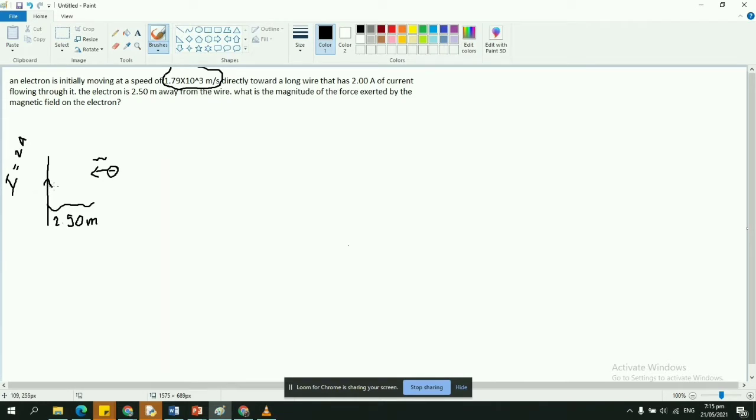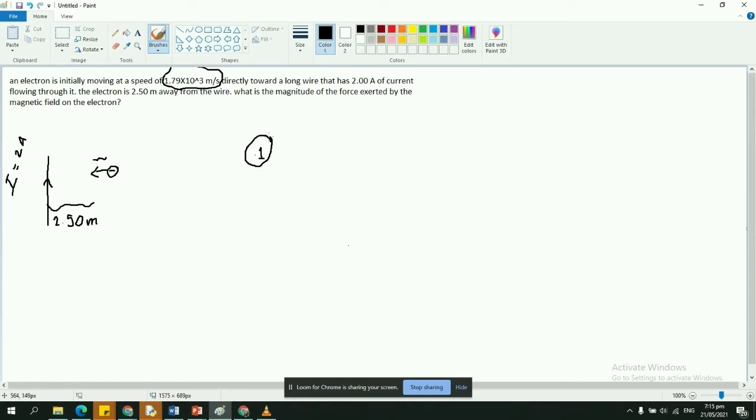Now remember that we're looking at the wire carrying current. So we have this is I, and this is I. Remember that the magnetic field lines around the wire form a circle.